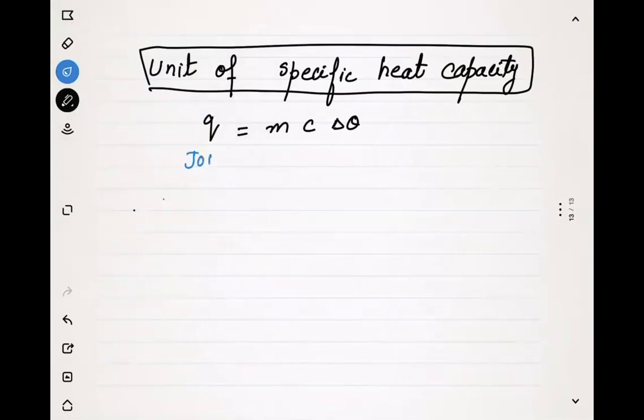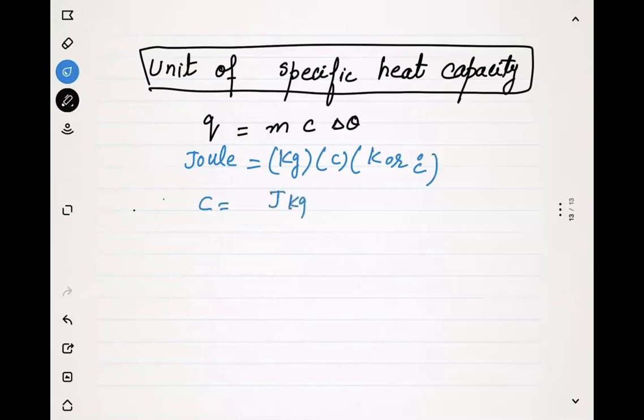Heat is in joules, mass is in kilogram, smaller c is the one whose unit is to be found, and delta theta could be in Kelvin or in degrees Celsius. So the unit for smaller c will become joule per kilogram per Kelvin, or the other form could be joules needed for 1 kg for 1 degree Celsius.